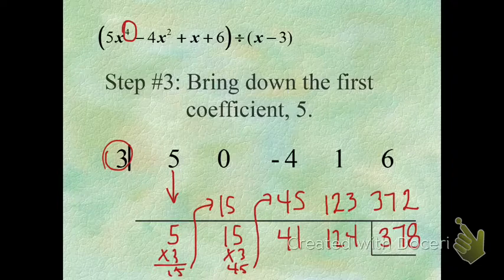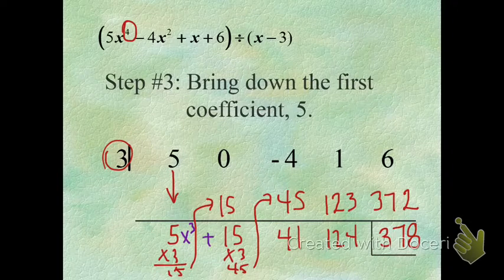So if we started with a power of 4, one power less would be the power of 3. So when we go back to rewrite, we make our first term have a power of 3. In other words, your 5 is going to become 5x cubed.